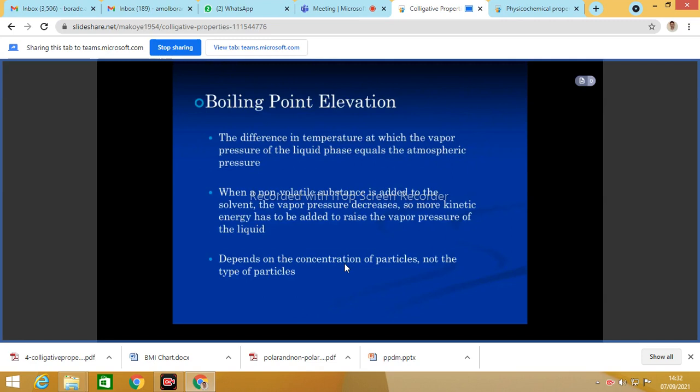Okay, so this is called the atmospheric pressure.